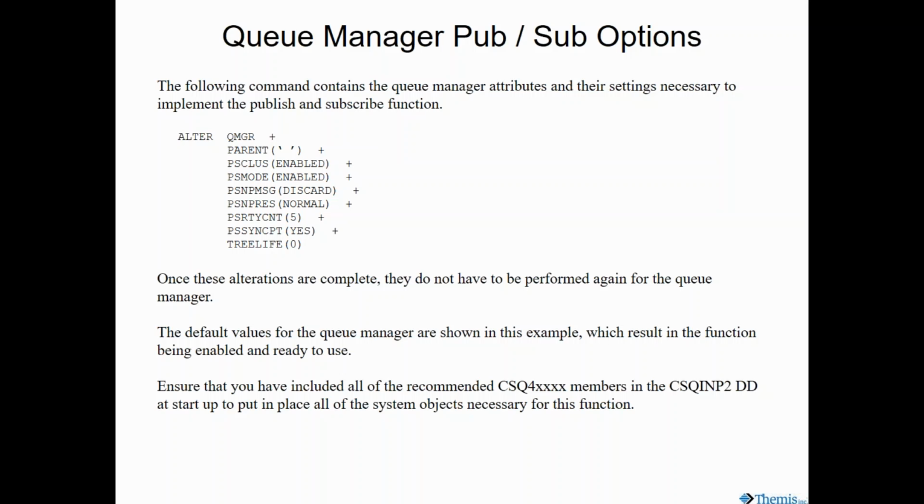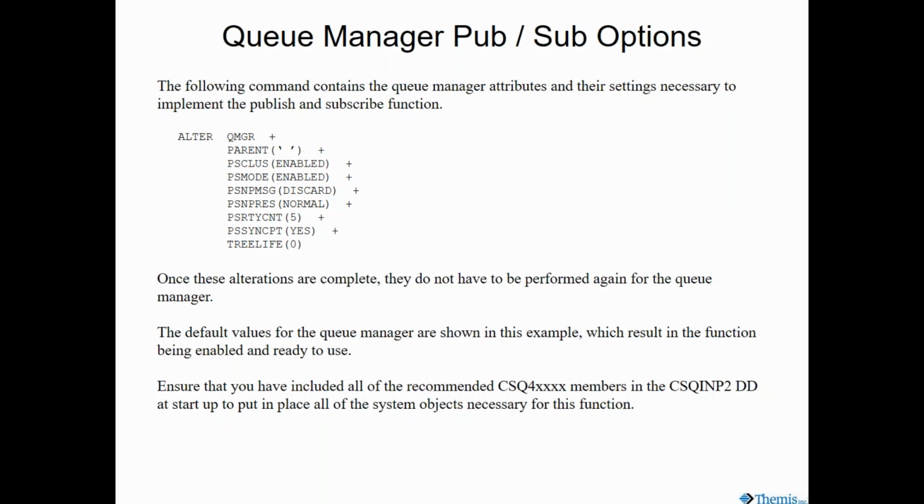Persistent is more for recovery, for assured delivery. Non-persistent messages can be discarded, and that's all we're saying here. If for some reason the broker cannot deliver to the subscriber, throw it away.